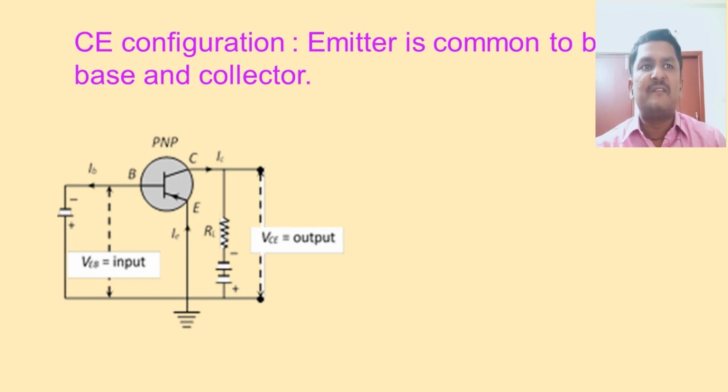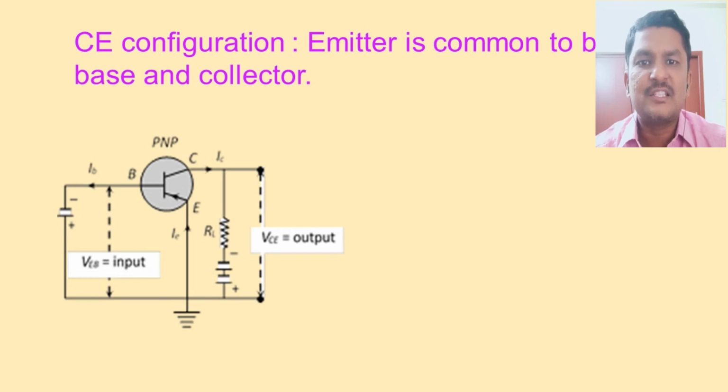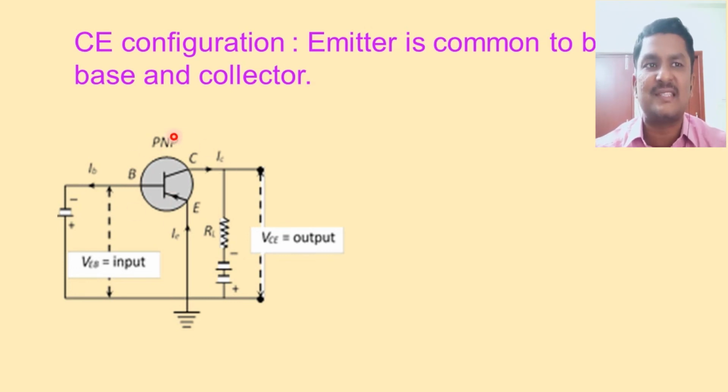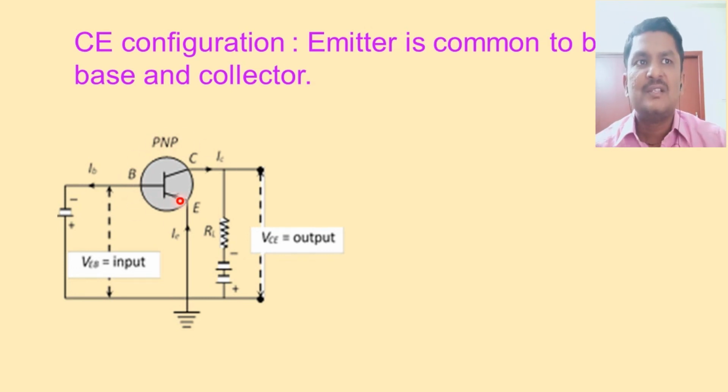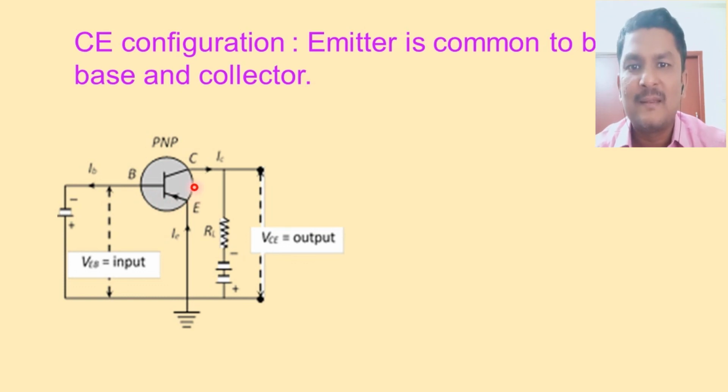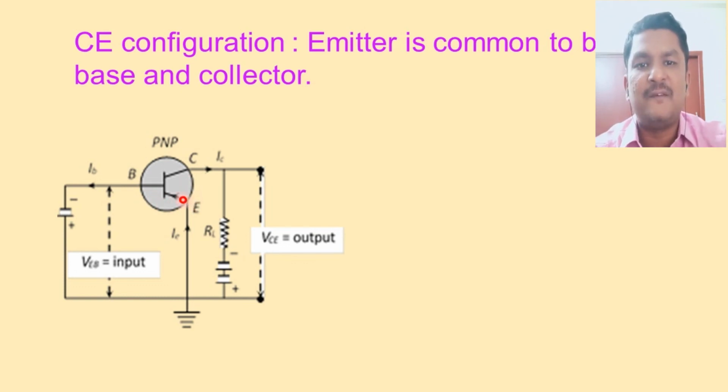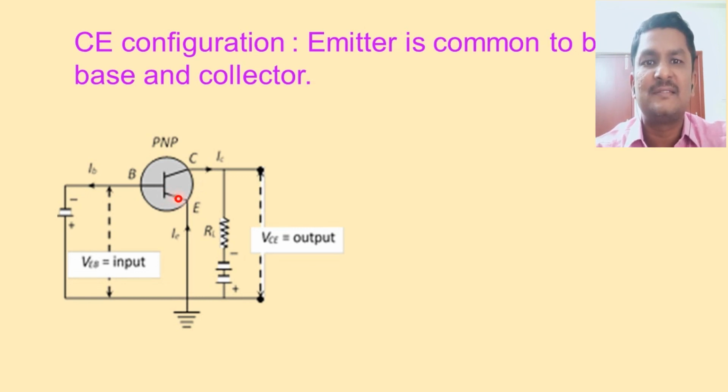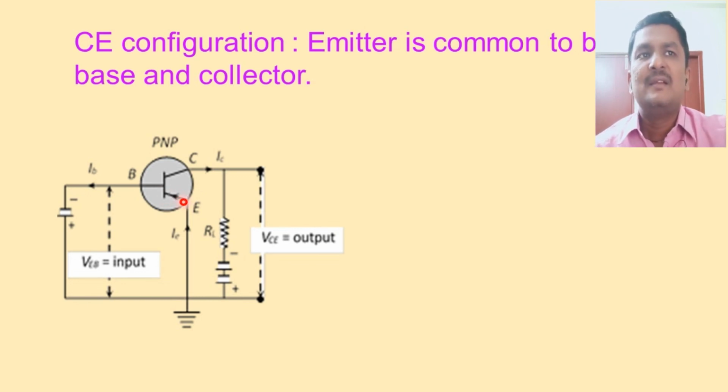CE configuration, circuit diagram. I consider PNP transistor only. Maybe you can consider NPN transistor also. In a PNP transistor, the direction of conventional current is from emitter to base. In CE configuration, emitter is grounded.